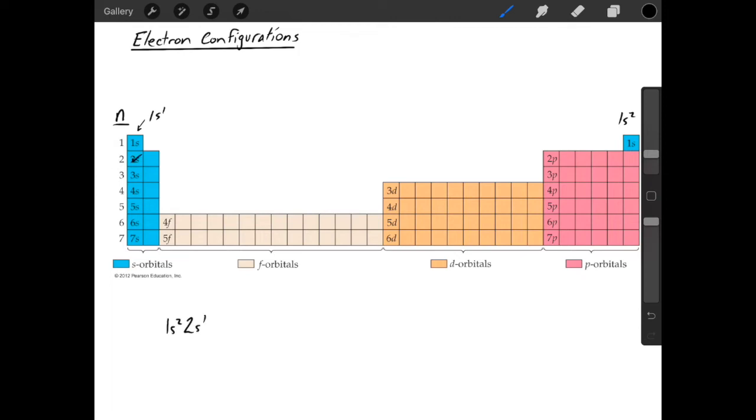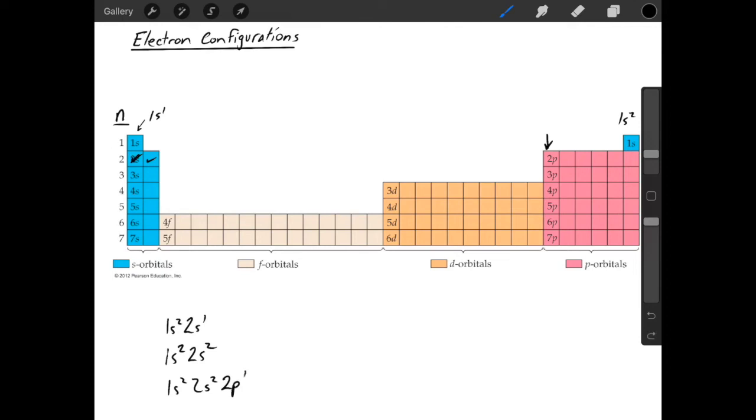When you go to beryllium, you end up with a 1s2, 2s2 configuration. And you're in the second column now. If you move to boron, which is in the same row, you have a 1s2, 2s2, 2p1 configuration.